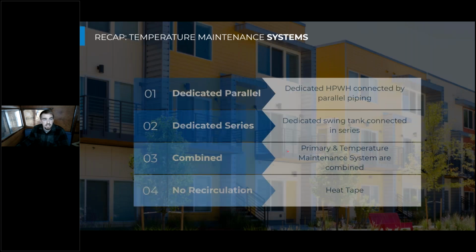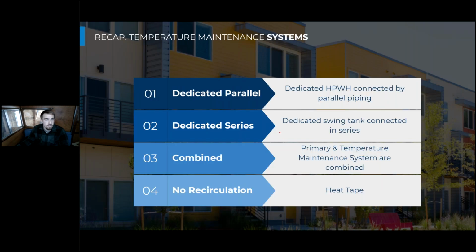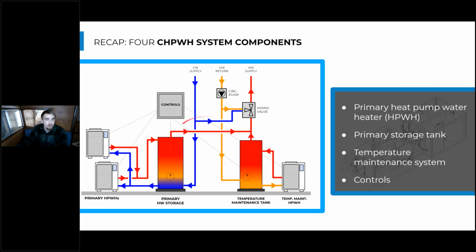And the dedicated series or swing tank temperature maintenance system is a little bit different. And that's what we looked at today. And I'll show you the difference from the parallel system that we're looking at here. So instead of the primary storage directly serving the mixing valve, this hot water coming from the primary storage is going to go into the bottom of this temperature maintenance tank.